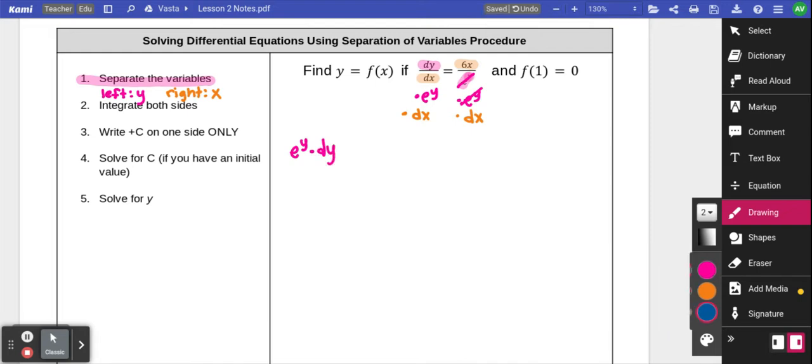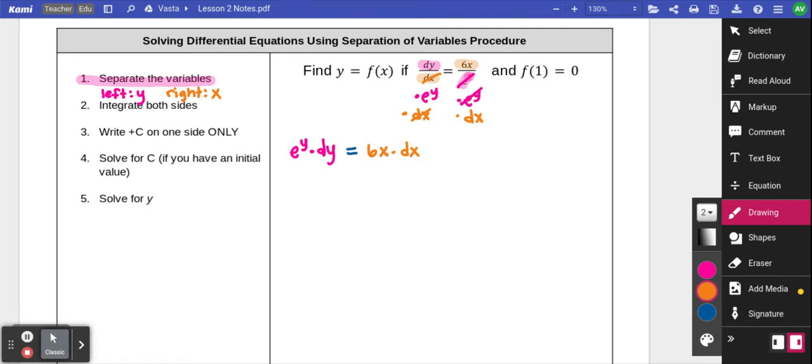Now, on the other side of the equation, the dx cancels on this side, so I just have 6x times dx on the right-hand side. So by doing this, I have separated the y's and the x's.